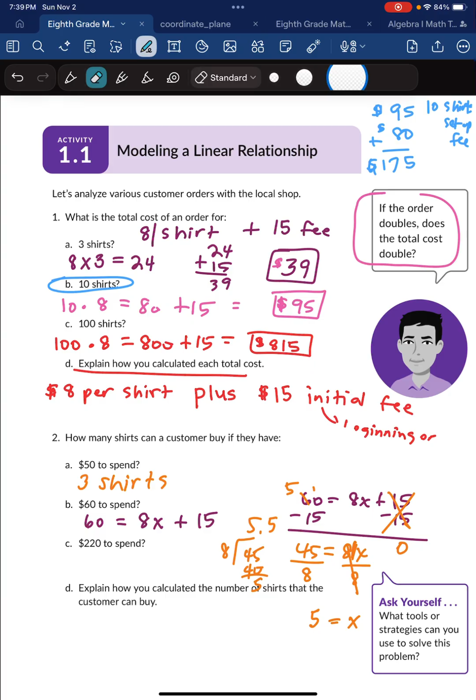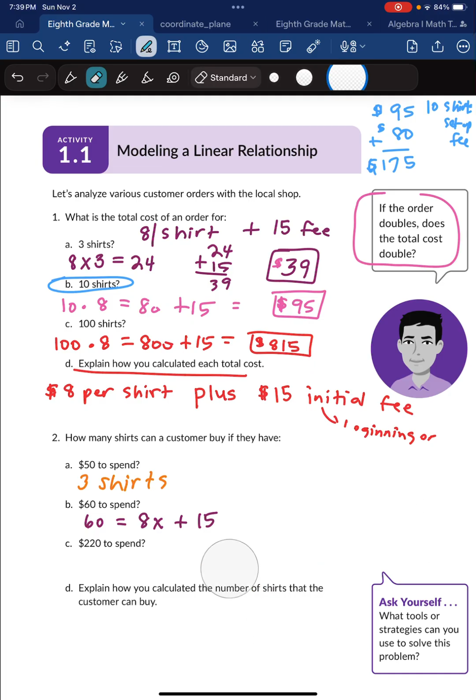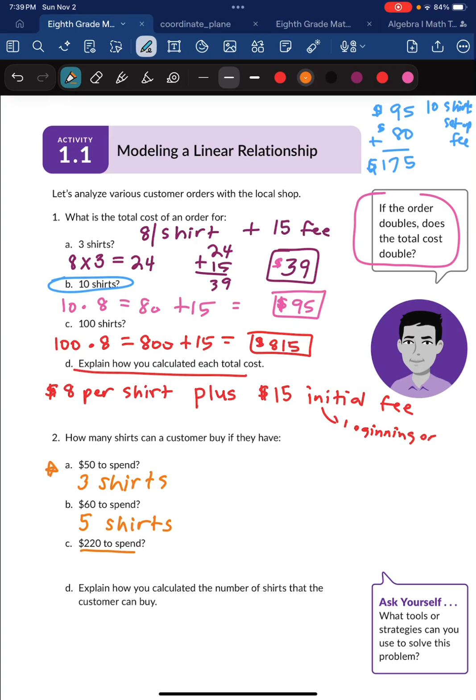So I'm about to erase. And this one gives me 5 shirts. So I want you to pause. I want you to work out the 220 by yourself, just like we did with this one and this one. Please pause it. Try to do it by yourself. And then come back and see if you can get the same answer that I got.